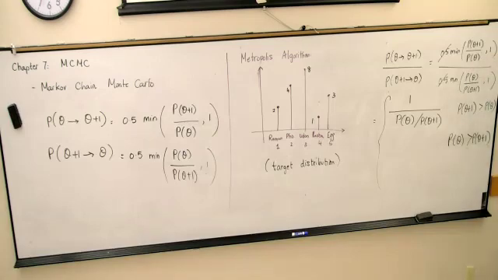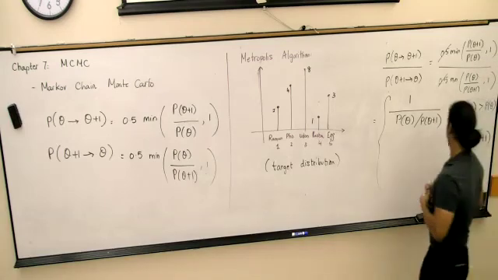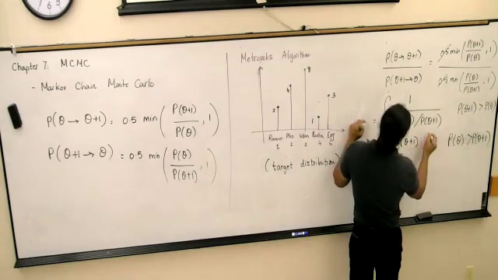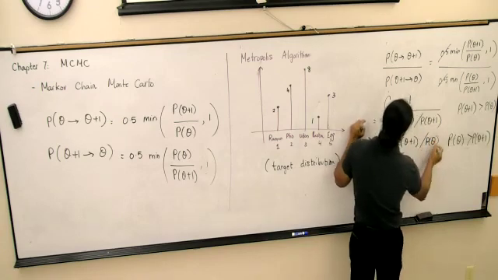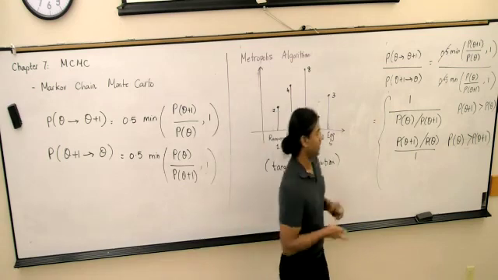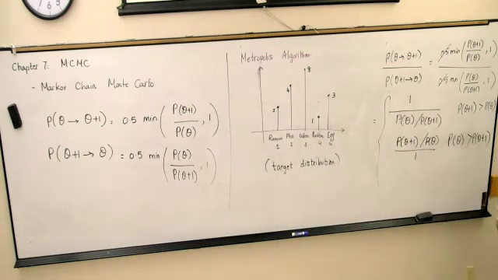So the numerator would be P of theta plus 1 over P of theta divided by 1. Now, the equal part is not going to matter here, right? If they are equal, it's the minimum of 1, 1, which is 1. You definitely move, because that's the move probability.